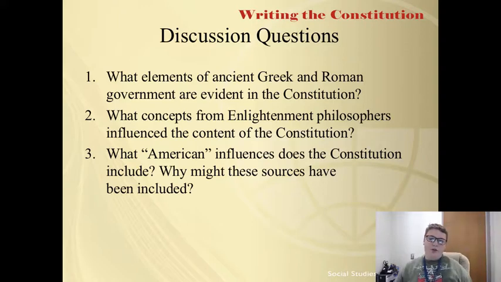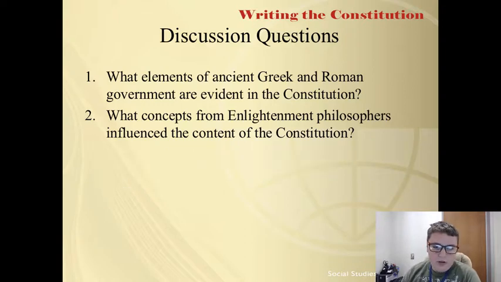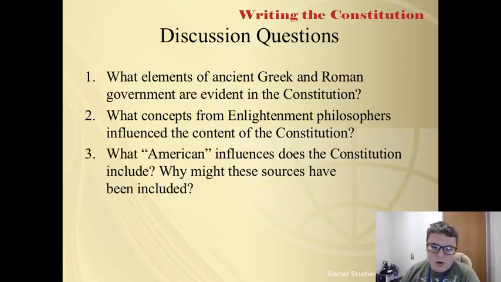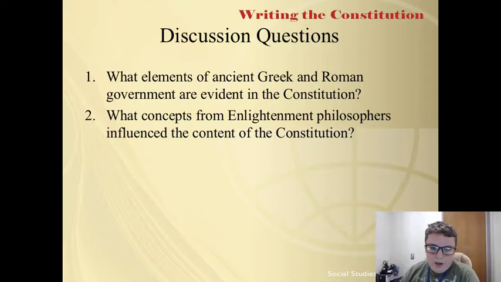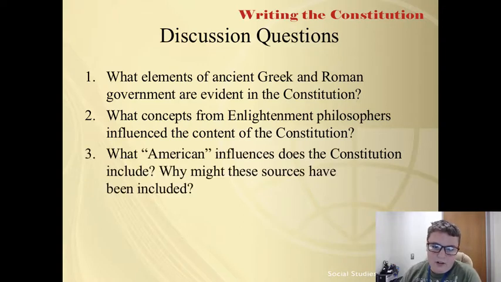Number three. What American influences are included in the Constitution, and why might these sources have been included? Two American influences on the writing of the Constitution were Franklin's Albany Plan of Union and Jefferson's Declaration of Independence.